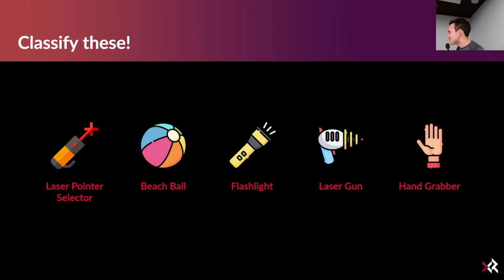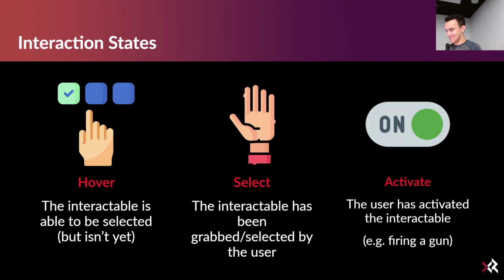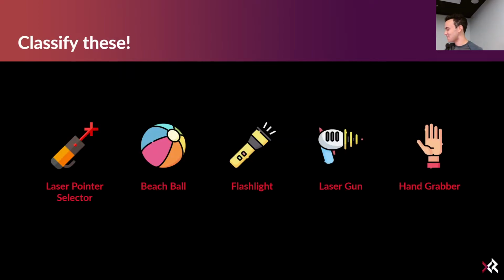Maybe that was a bad example to do a laser pointer, but the laser gun would purely be just firing laser bullets. It doesn't interact with anything else. So yes, it is interactable, in a way that we're not going to confuse ourselves with. Okay, last but not least, a hand grabber. Basically, if I have my hand, I can pick stuff up.